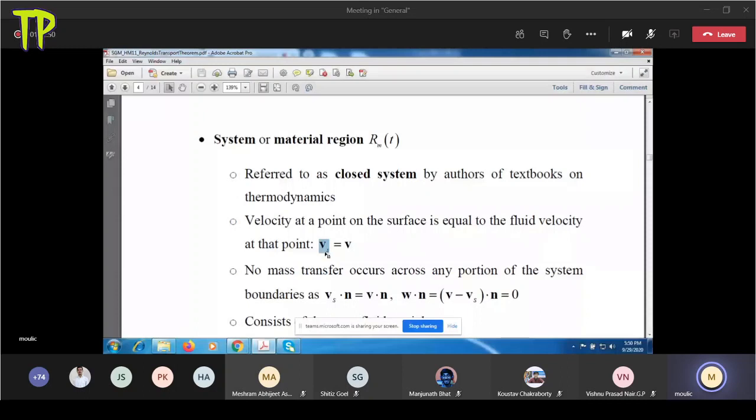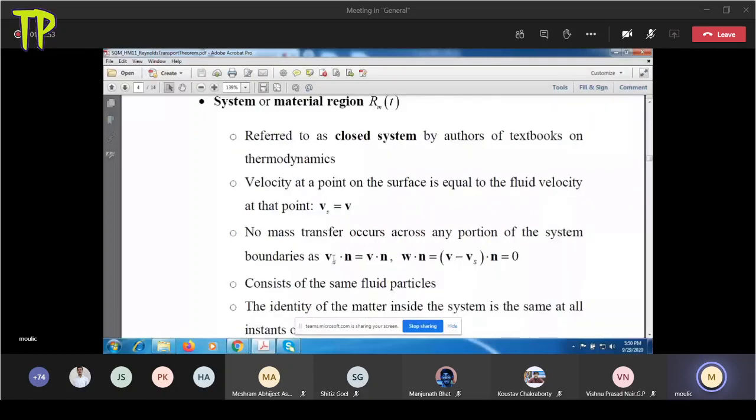So Vs dot n, the normal component of Vs, will be the same as V dot n, the normal component of the fluid velocity. Or if I define a relative velocity W, which is the absolute fluid velocity minus the velocity of a point on the surface, then W dot n, which is V minus Vs dot n, will be 0. When this is true, there is no mass transfer across any small area on the boundary.